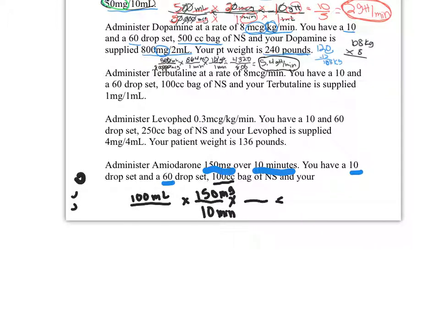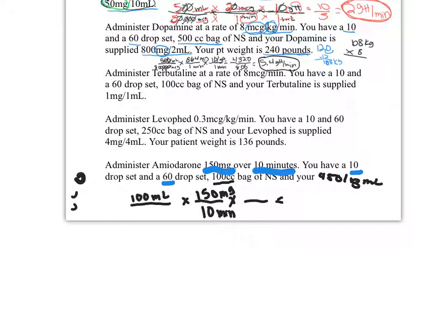And actually this is only half of the problem. On page 2 it continues and it says, kind of the same as the amiodarone up above, I'll finish it, your amiodarone supply was 450 in 3 mLs.